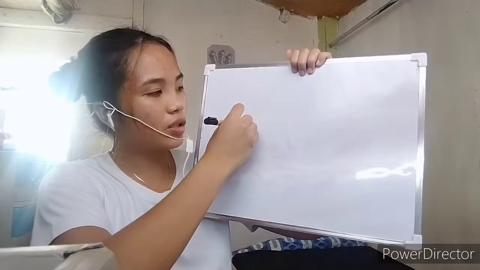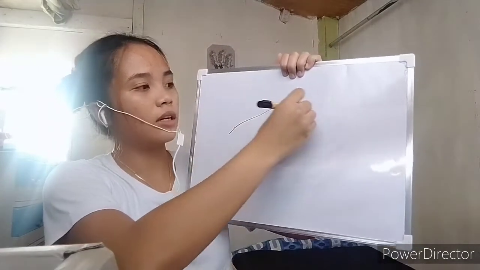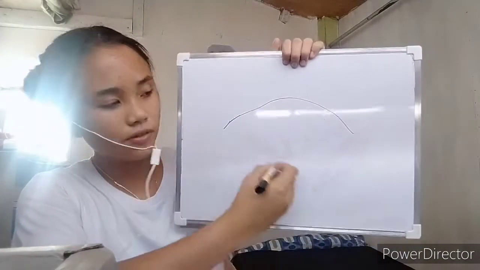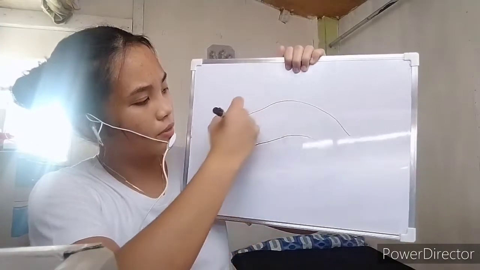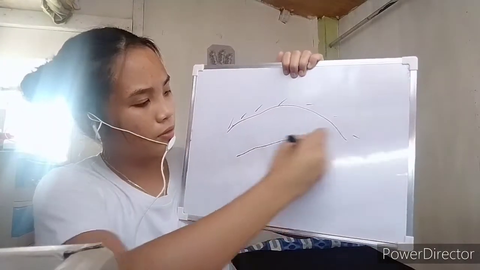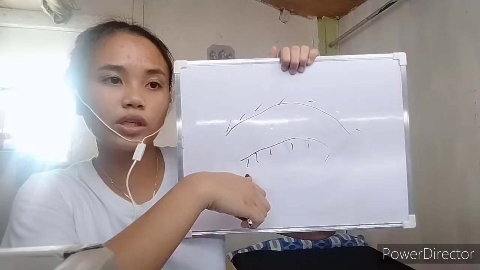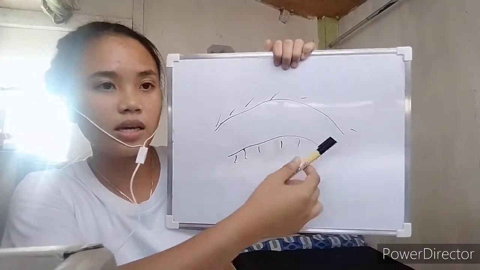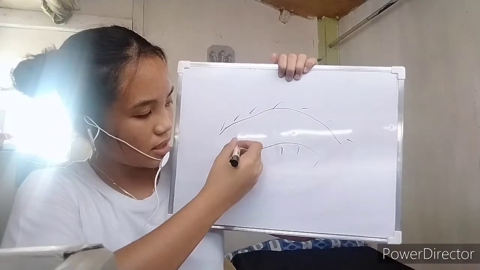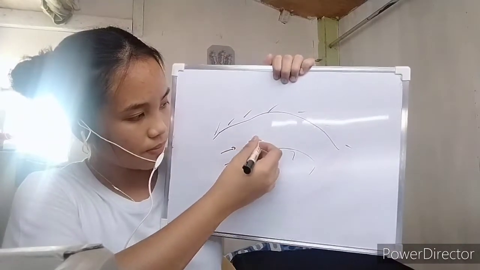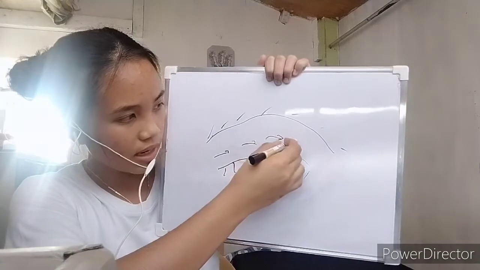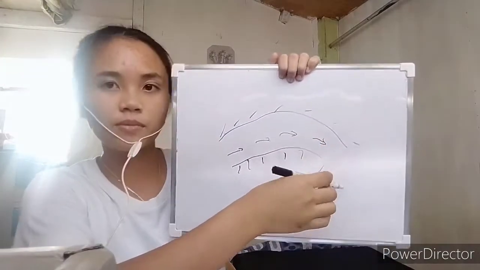Okay, so I'm gonna draw a curve. This serves as our fluid flow, and this serves as our velocity. The arrow is our velocity.